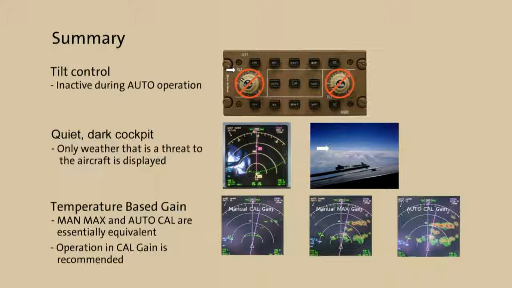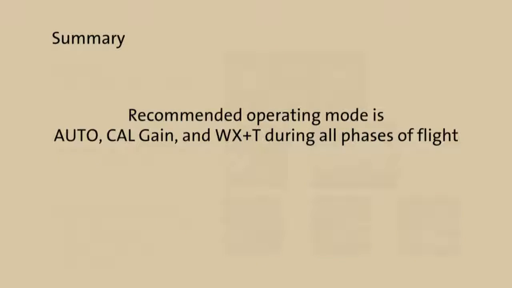Third, automatic temperature-based gain increases the gain as the aircraft climbs into colder regions, resulting in a picture that is very similar to manual max gain at cruise altitude. Operation in cal gain while in auto is recommended. Finally, the recommended operating mode is auto, cal gain, and WX plus T during all phases of flight.